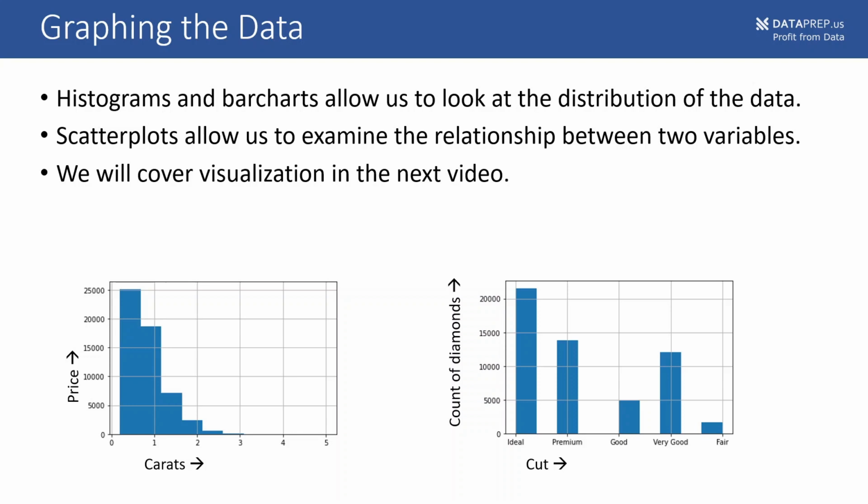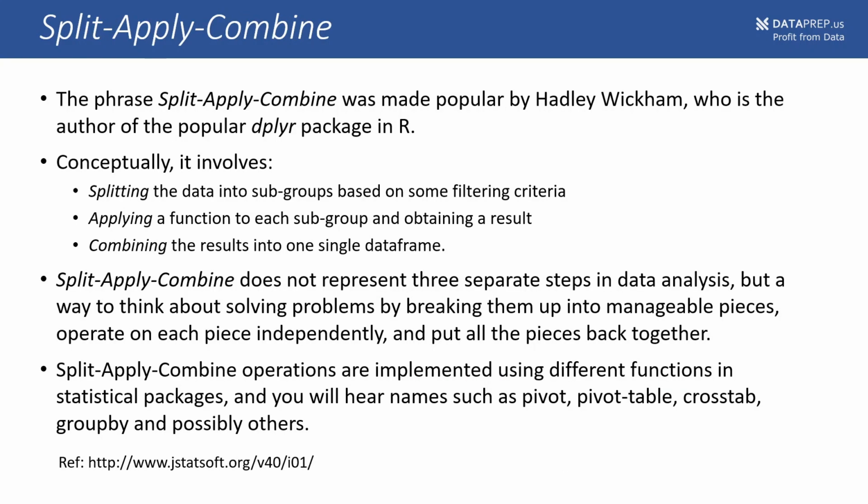Finally, we talked about graphing the data. We can do histograms and bar charts. The ones that you see on screen are very simple ones. We'll see some others as part of the next video, which is on visualization. We can use scatter plots to examine the relationship between two variables, and much of this is going to be covered in the next video.